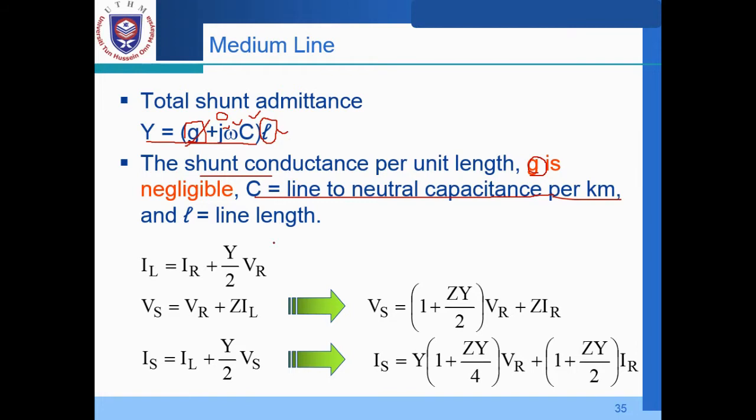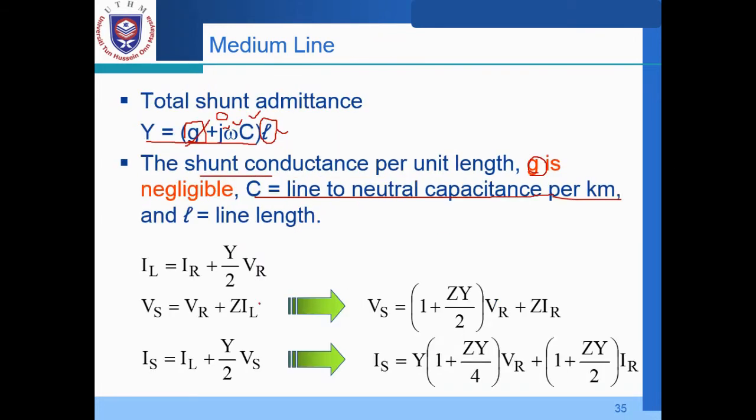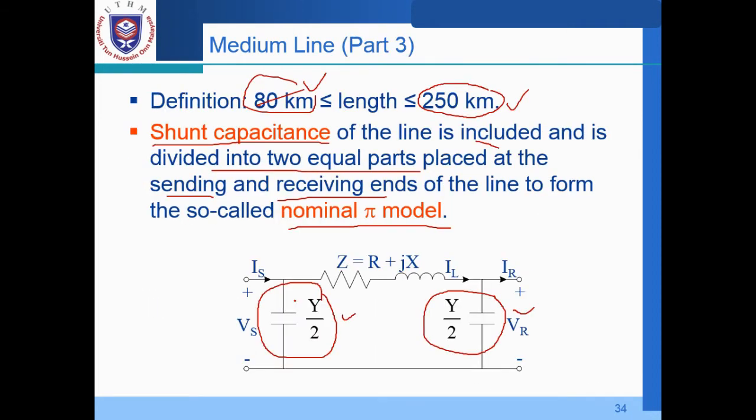Okay, and then this is the relationship if you refer to the equivalent circuit over here. So we can analyze, or we can come up with this equation: IL equal to IR plus Y over 2 VR. Okay, so this is the admittance, these two.